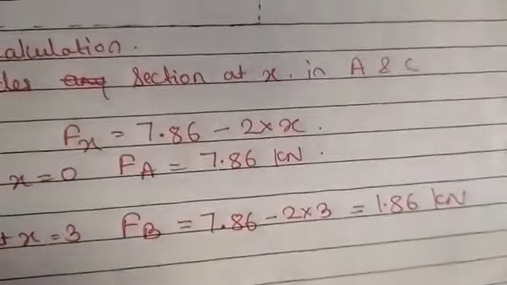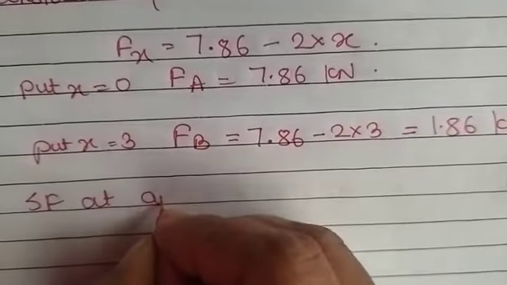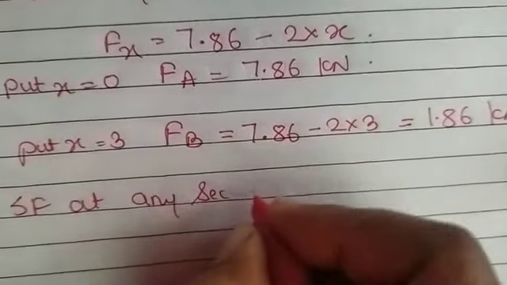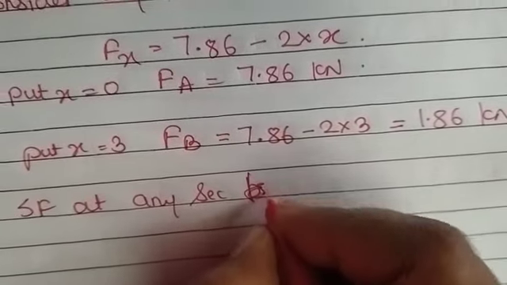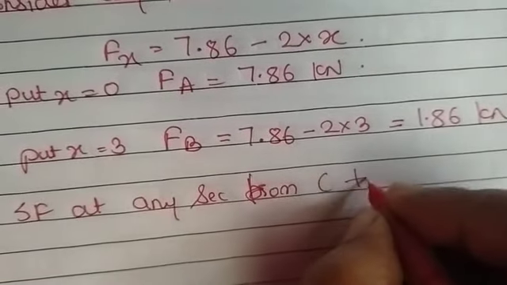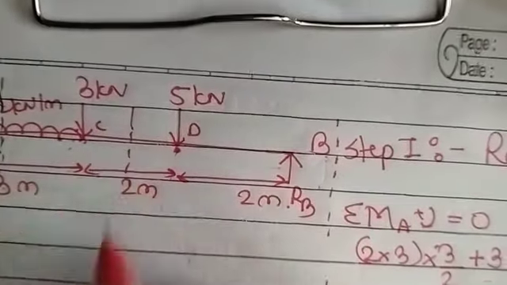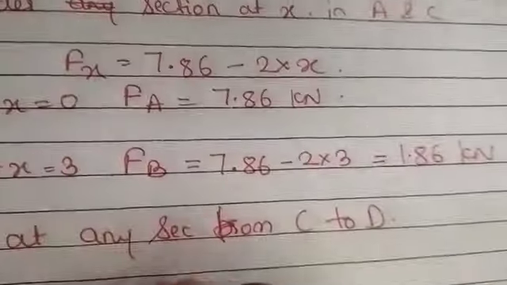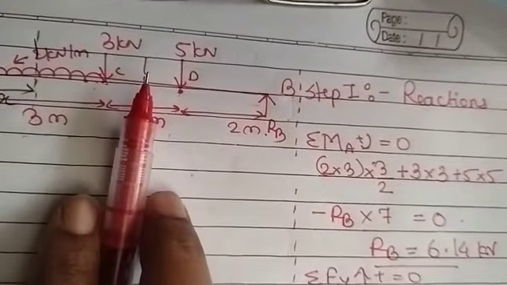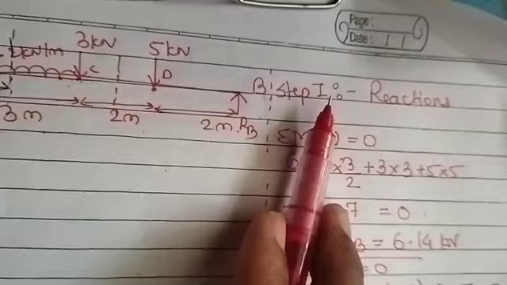Now the shear force at any section from C to D. If we consider any section from C to D, Fx will be equal to the algebraic sum of forces either on the left side or on the right side.